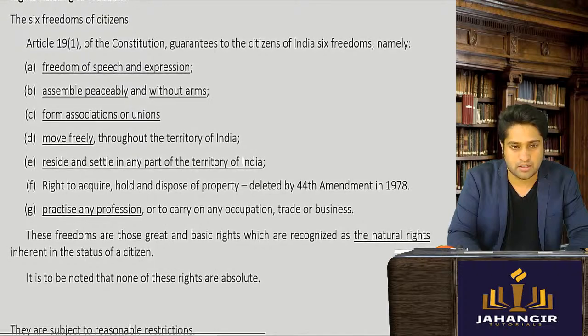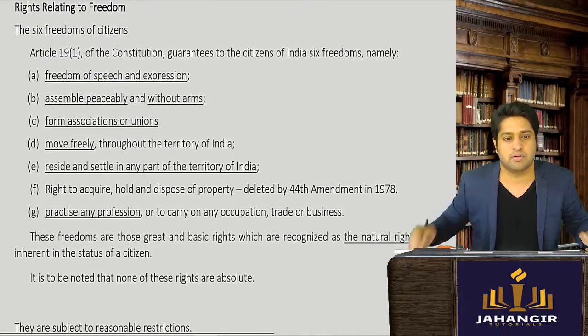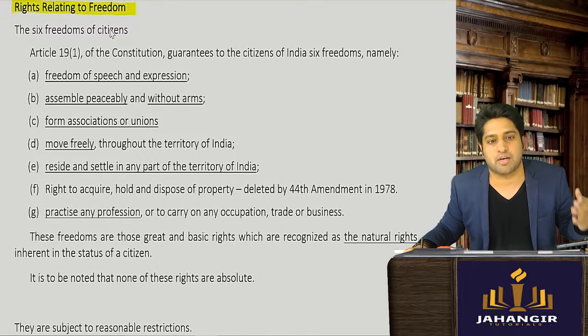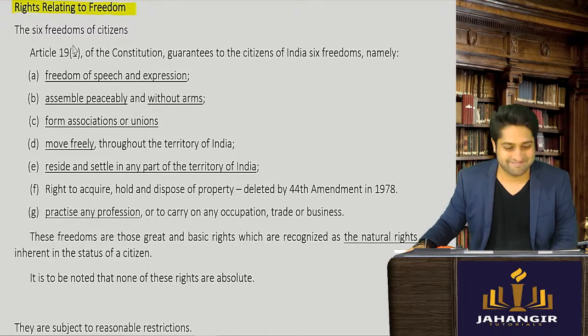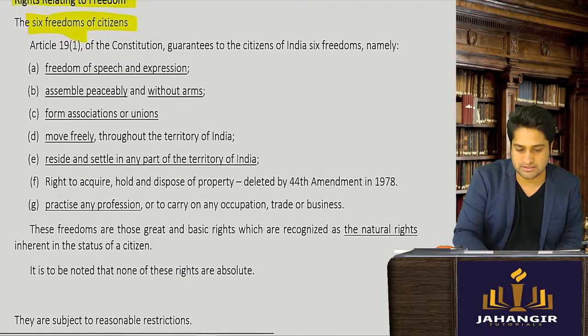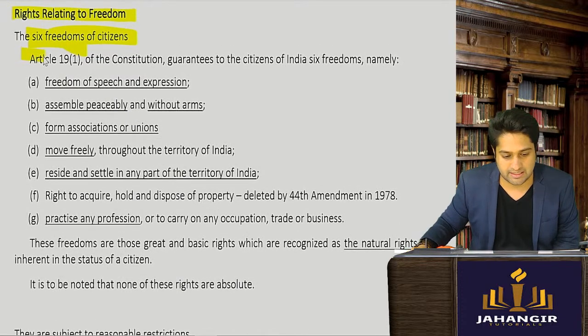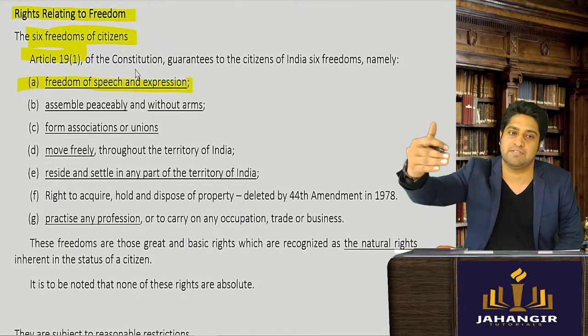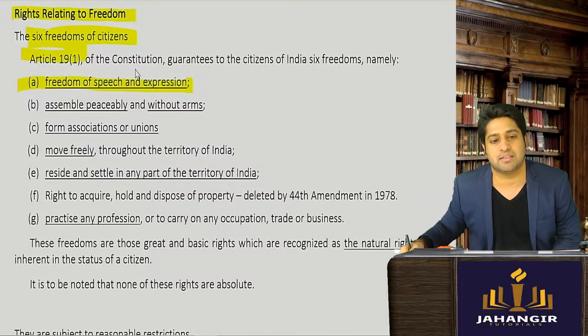Okay, now your article number 19. Article 19 talks about right to freedom. There are 6 freedoms given to the citizens. One is Article 19(1)(a), right of freedom of speech and expression. You need to remember even the sub articles.